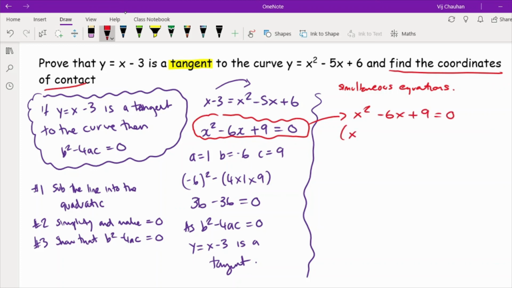Does it factorize to give me minus 3 and minus 3?